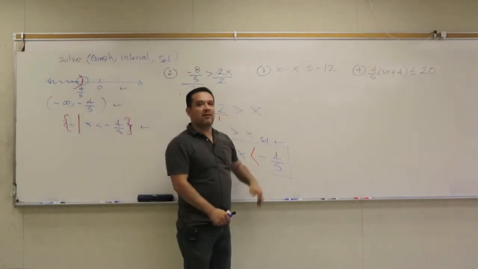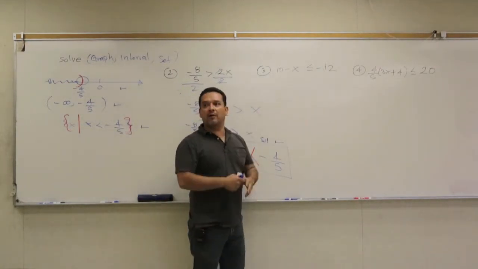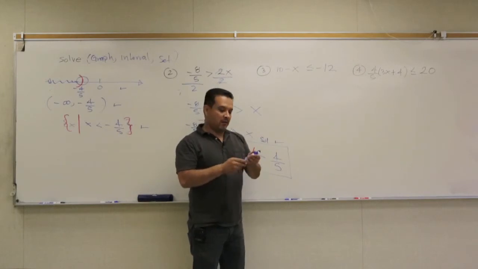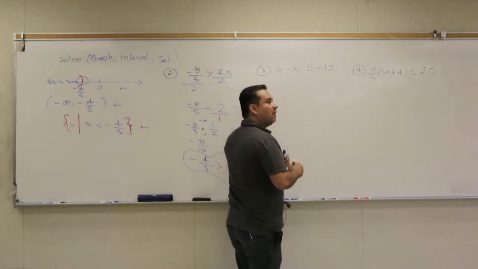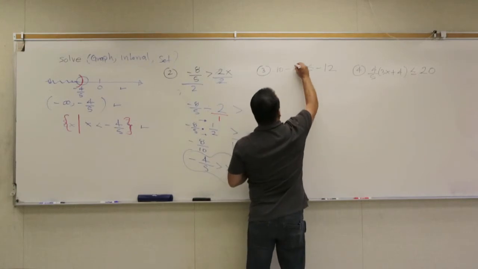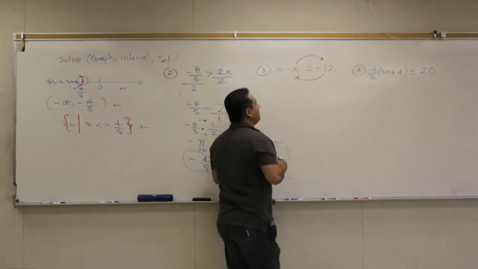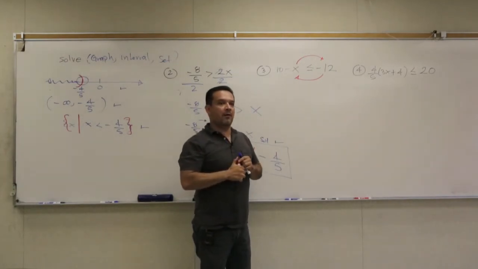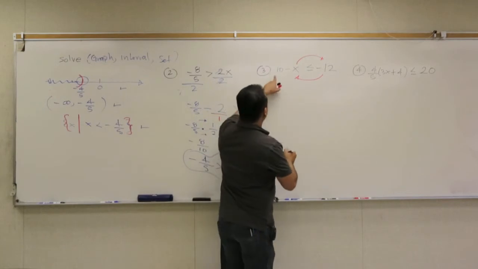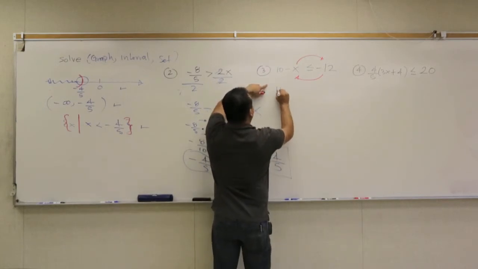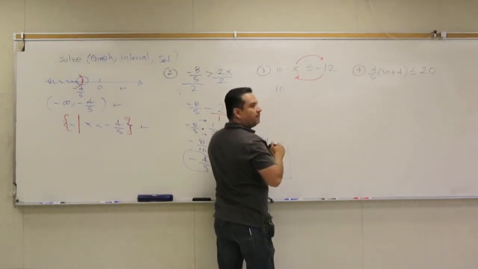What about this? You guys are going to love this one. Here's what I do. I do a double translation. You go, what are you talking about? Let's take a look. We got 10 here. What do you guys notice about that negative 12?